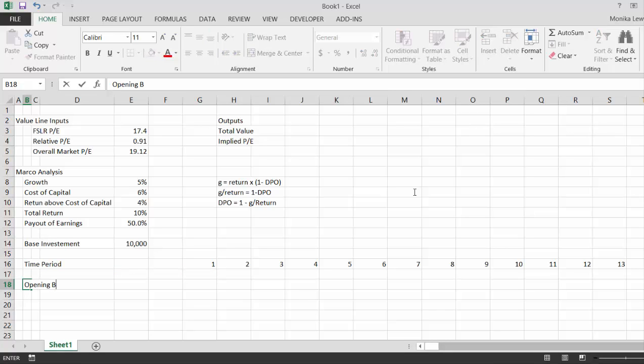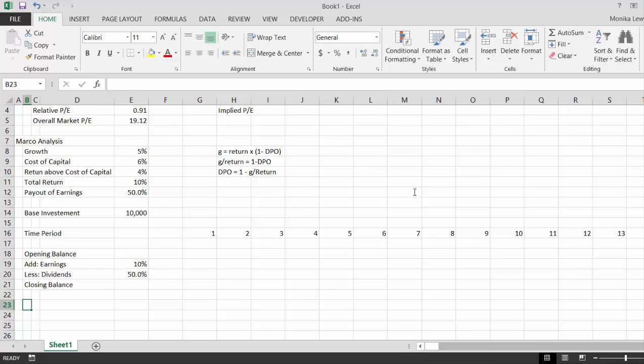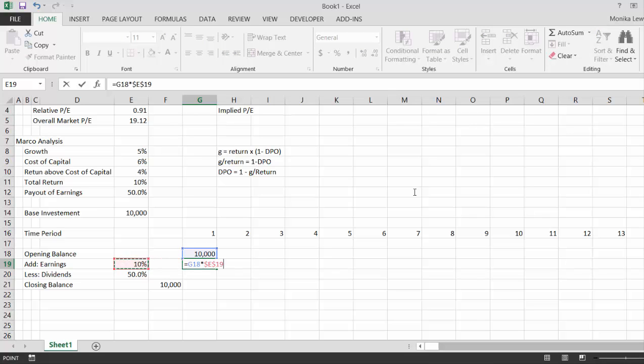And then put opening balance, and then let's add the earnings. Now the earnings are here. Okay, and then we put less dividends, and we put the dividend payout here, and then we put closing balance, and then below that I call this a corkscrew, by the way, because we're going to start with a closing balance, and then the opening balance equals the last year's closing balance, and then the opening balance multiplied by the return is the earnings.